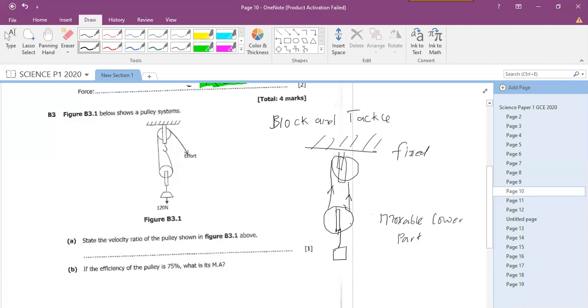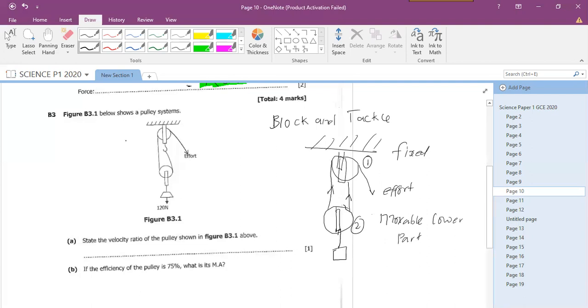This string here moves like that, and we have an effort pulling down here. So that's the effort. Practically, this is how a pulley system works. If you count the number of pulleys here, we've got 1 pulley there and 2 pulleys. So we can call this a 2 pulley system.